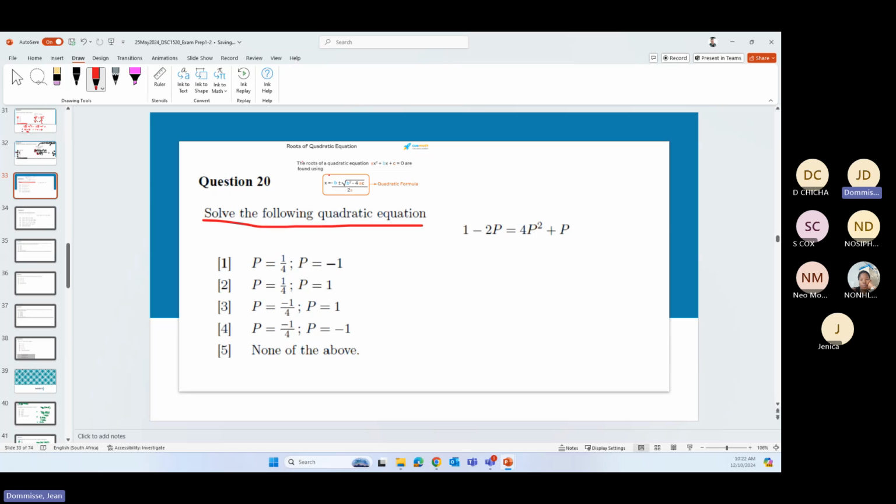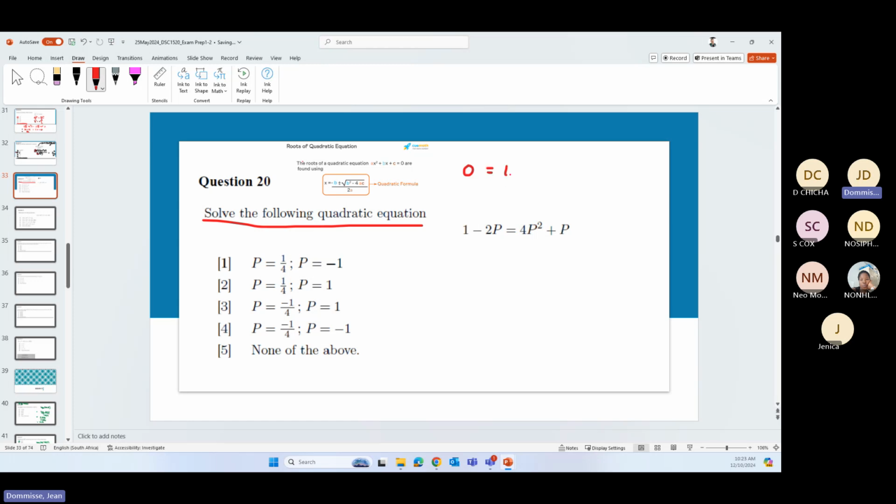So let's just see what else we need in this one. So the first thing with this formula, I will need to simplify it. So I need to get it as 0 is equal to.